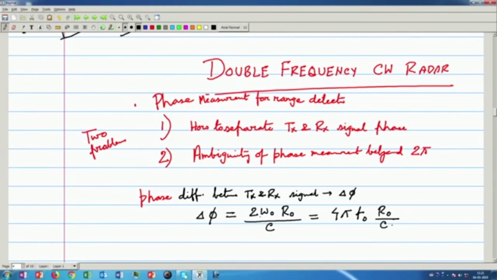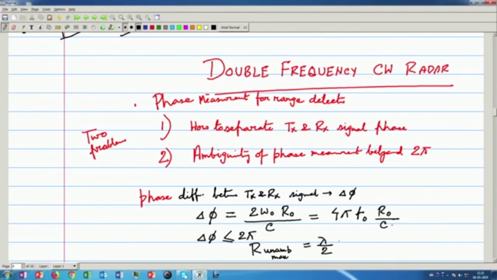So, my condition is delta phi should be less than or equal to 2 pi to avoid this ambiguity problem, and that means, if you put it here, our unambiguous maximum range measurement turns out to be lambda by 2, as I was saying.